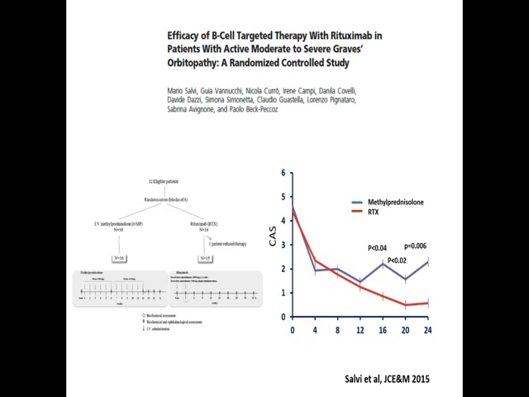Two clinical trials have been conducted for rituximab in GO, one in Italy by the group of Mario Salvi. In these clinical trials, patients were randomized to receive intravenous methylprednisolone or rituximab, and the primary outcome measure was the reduction of the clinical activity score, which was greater in the group given rituximab than in the group given cortisone, beginning at 12 weeks from the beginning of treatment.